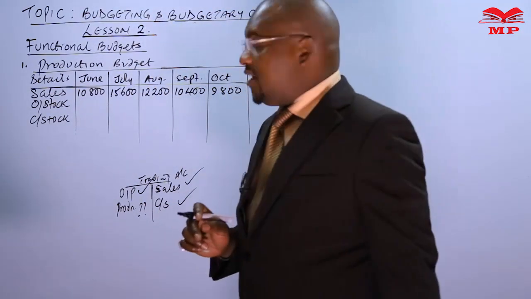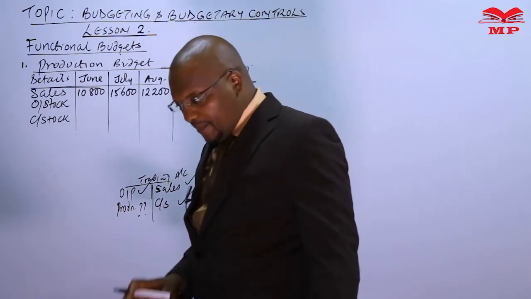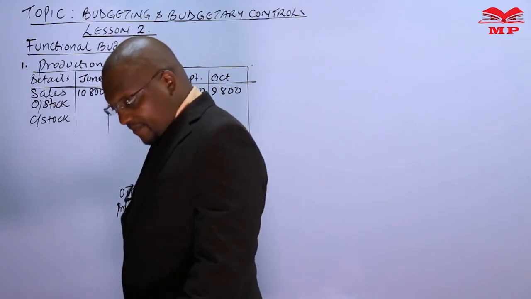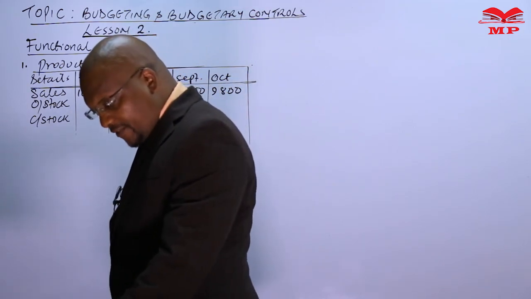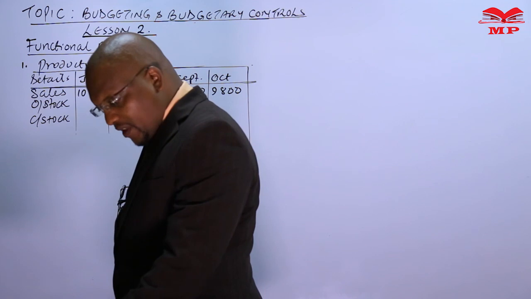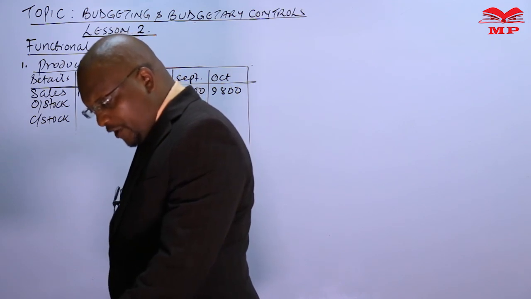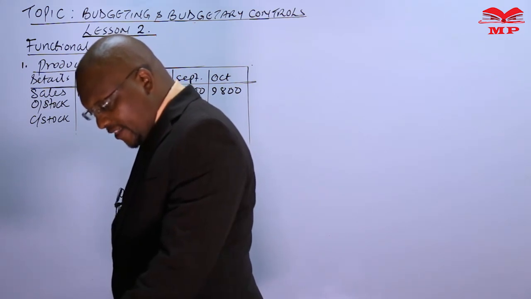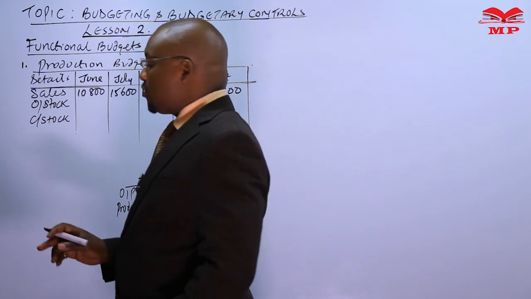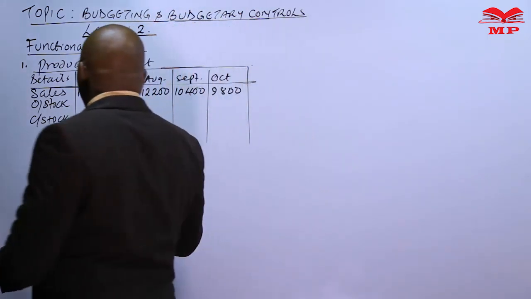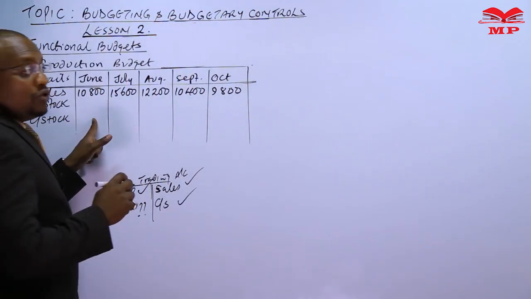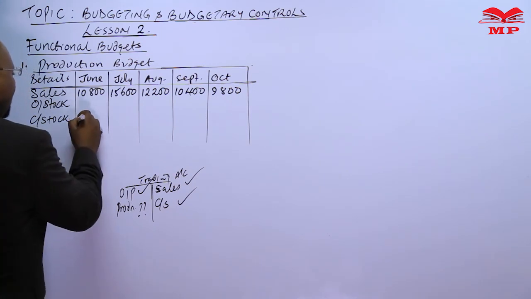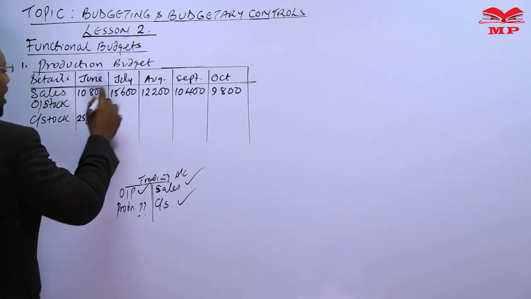Then the closing stock, we have been told clearly in information number 2, that at the end of each month it is to be maintained at 25% of sales estimate for the following month. So when we are doing the closing stock of June, it should be 25% of the sales in July, which is 15,600.